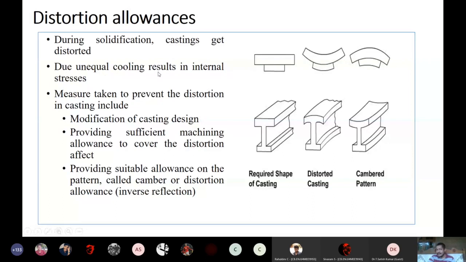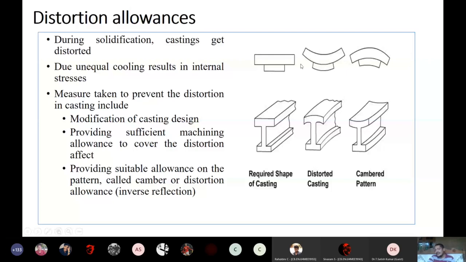This is the reason: the cooling condition is not uniform, which causes internal stresses, and the material bends like this. If you make a mold, the heat will be transferred easily from the outside surface.